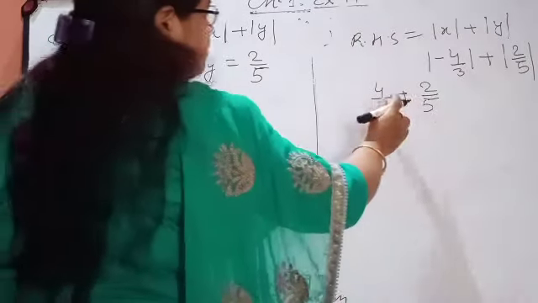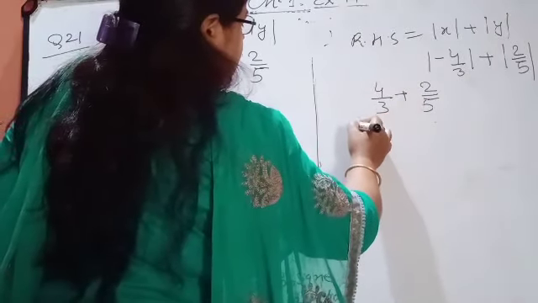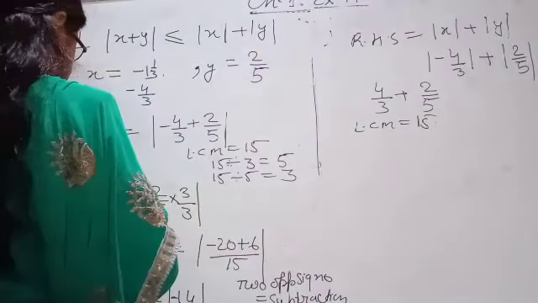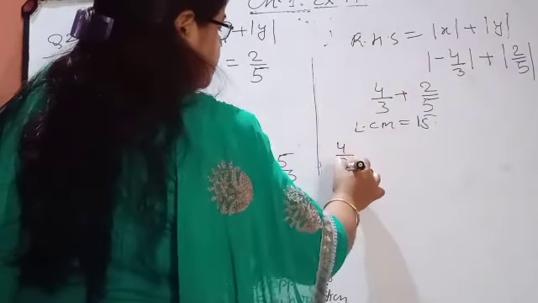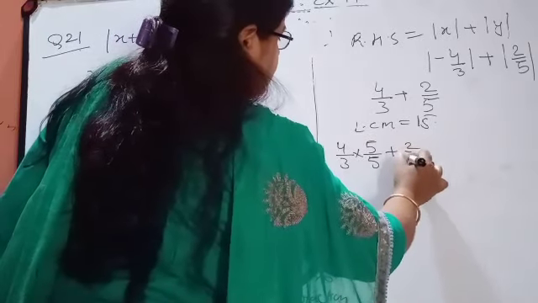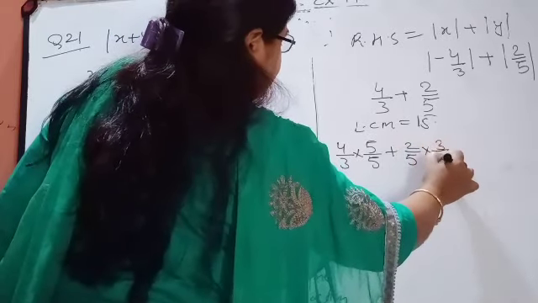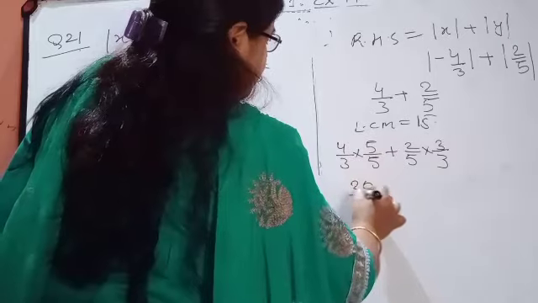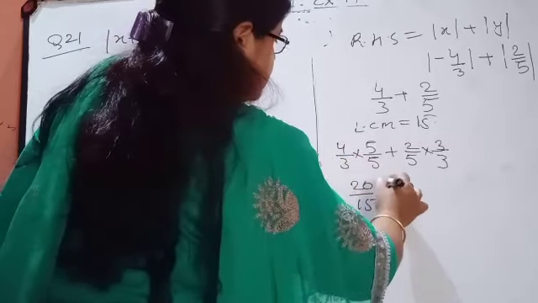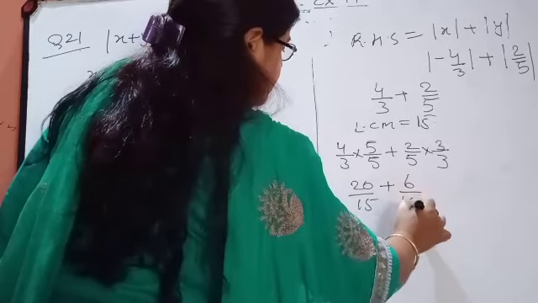Now take LCM, which will be 15, as we have done here. So it will become 4 upon 3 into 5 upon 5 plus 2 upon 5 into 3 upon 3. 4 fives are 20 upon 15 plus 3 twos are 6 upon 15.